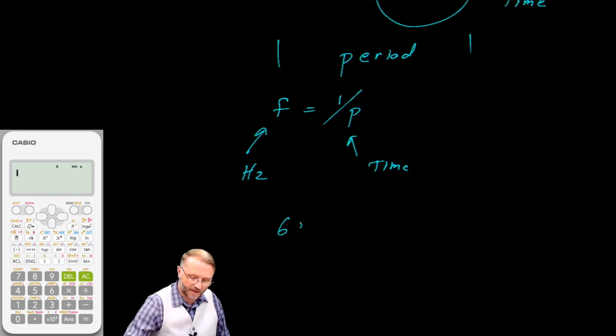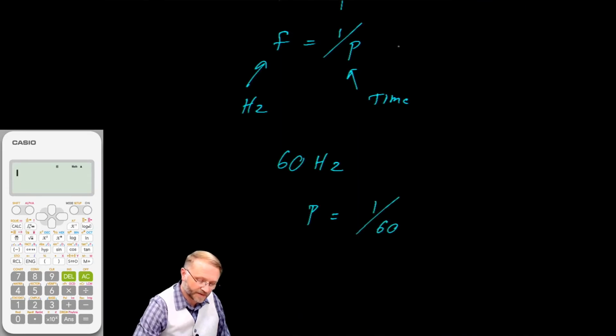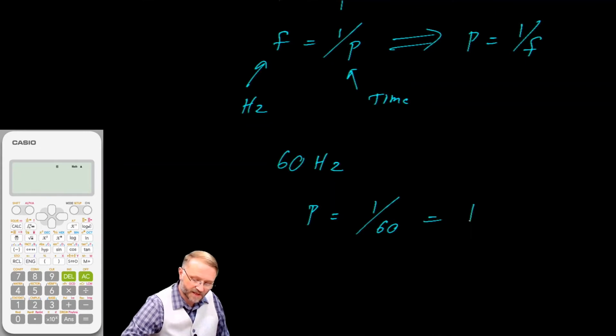For example, our power line is a 60 hertz frequency, and the period is equal to 1 over 60. Right, that follows from this, doesn't it? So frequency is 1 over period. It must follow that period is equal to 1 over f, which gives us about 16.7 milliseconds.